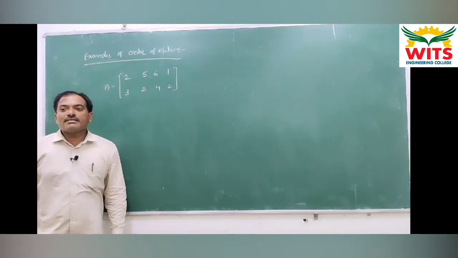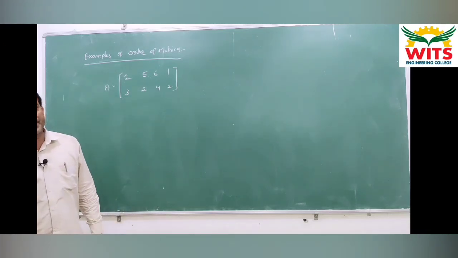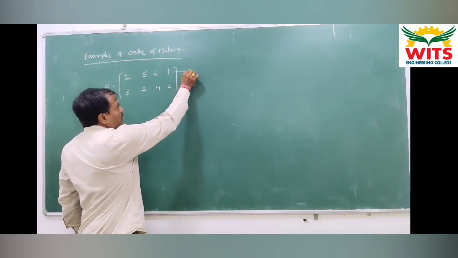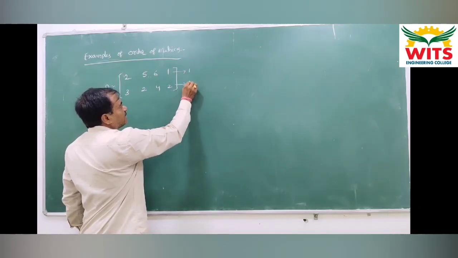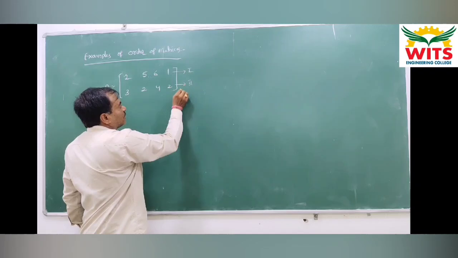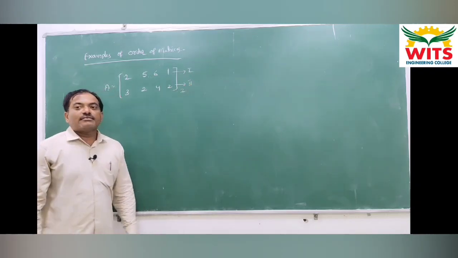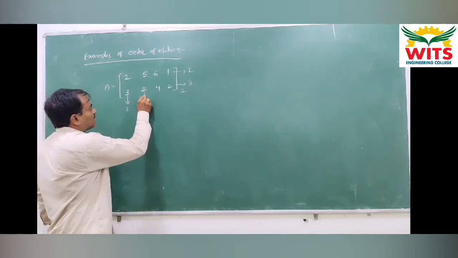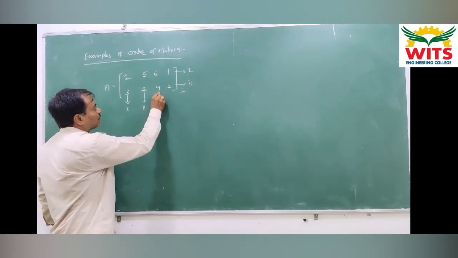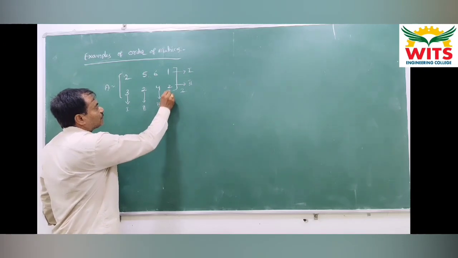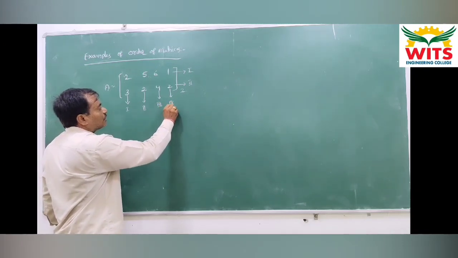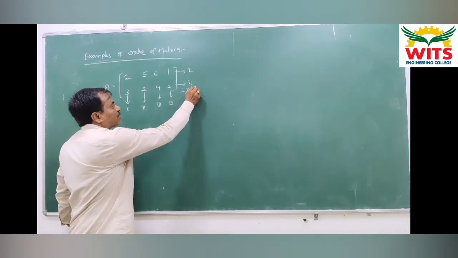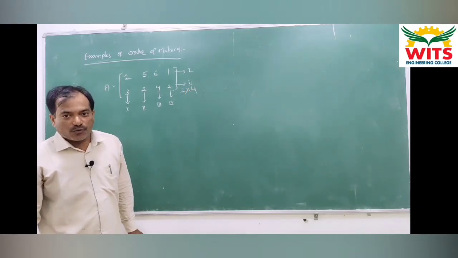Examples of order of matrices. What is the order of this matrix? First we check the number of rows: first row and second row. Then we check the number of columns: first column, second column, third column, fourth column. So the order of this matrix is 2 cross 4.